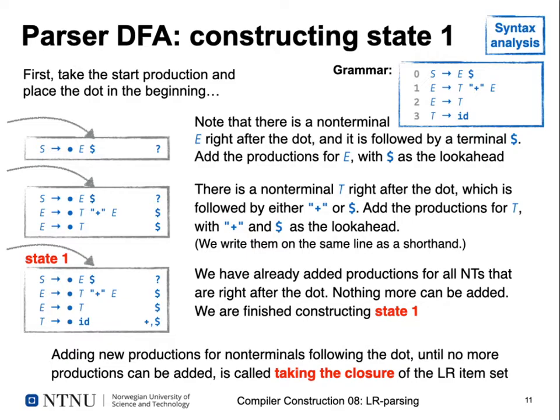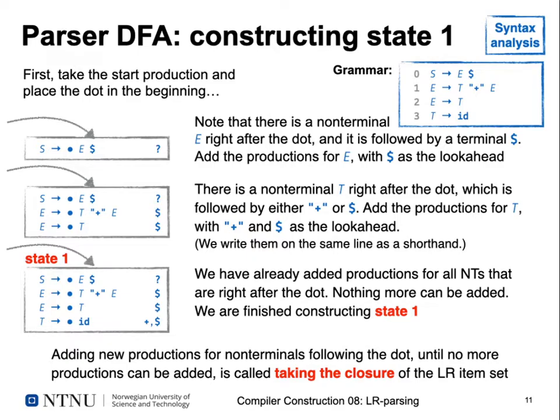And this can be followed either by a plus sign and something else, or it's immediately followed by the end of input. So now what we have to do is add all the productions for t with a plus and a dollar as a lookahead. Now we only have one production for t, which goes to ID.